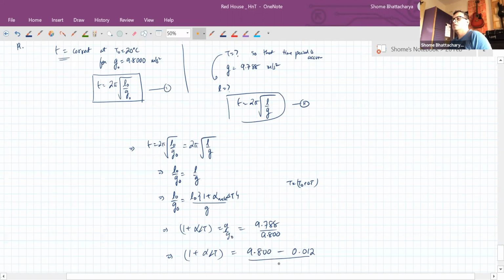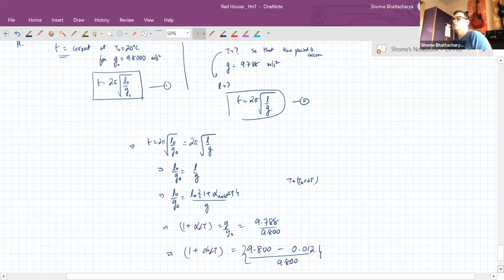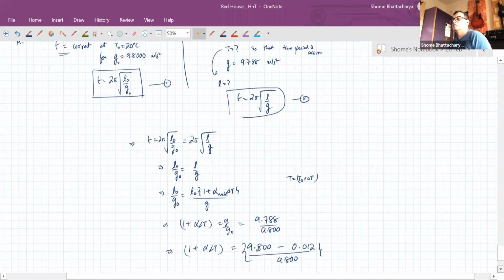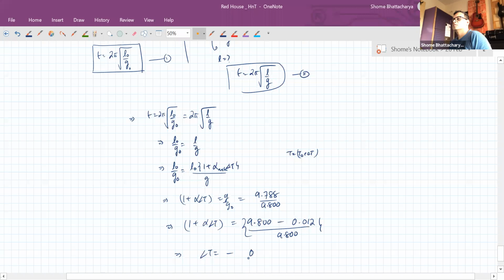Correct? Yes. So delta T will come out to be a negative quantity. So it is nearly going to be minus of this.